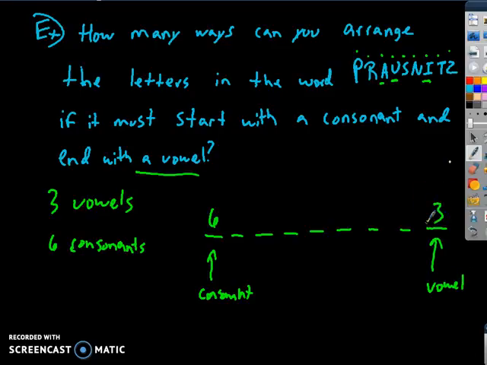Those are 2 letters already taken from all of our options. So we had 9 letters to choose from, but the first and the last have already been selected. So I only really have 7 letters for this next space. And then I have 6 letters for the next space, and 5 letters for the next space. So 5, 4, 3, 2, and 1.